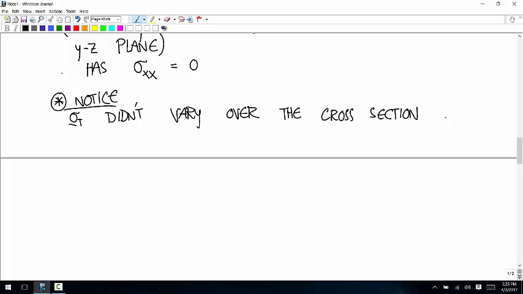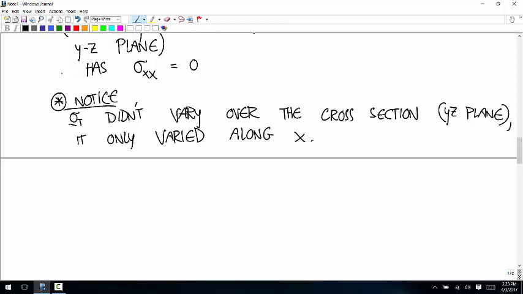That cross section is the YZ plane. It only varied along X. So different X values, different locations along the long axis of the beam, you could have different stresses due to tension. But once you chose one slice, one X value, at the top or the side or the bottom, all of those stresses were the same.